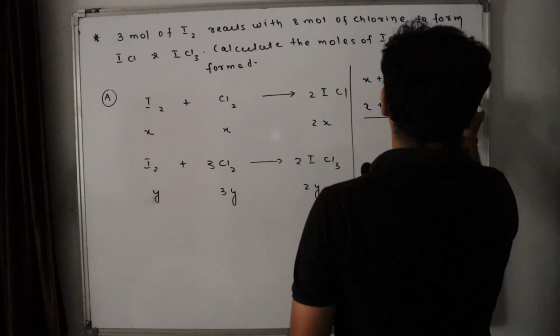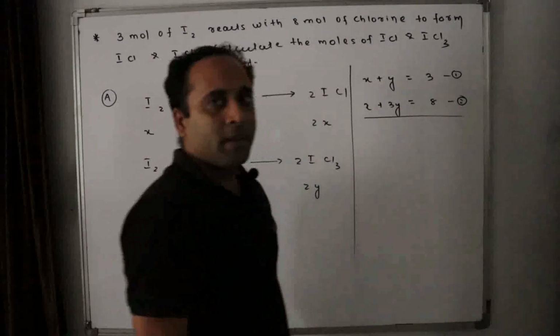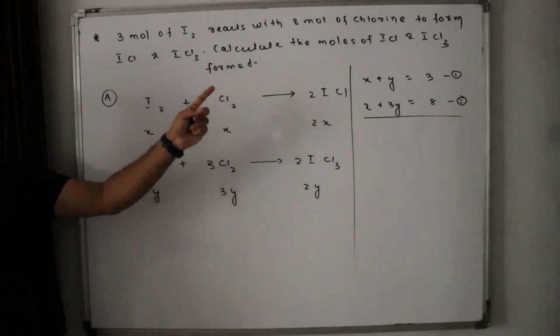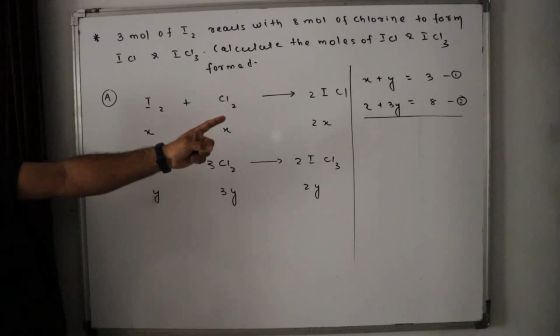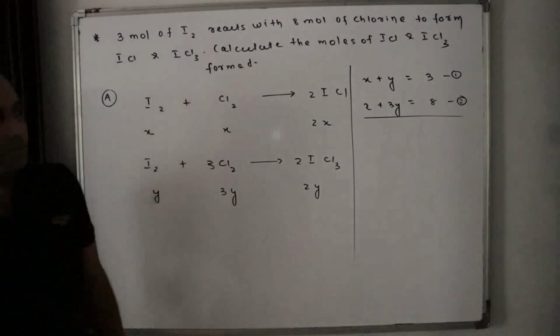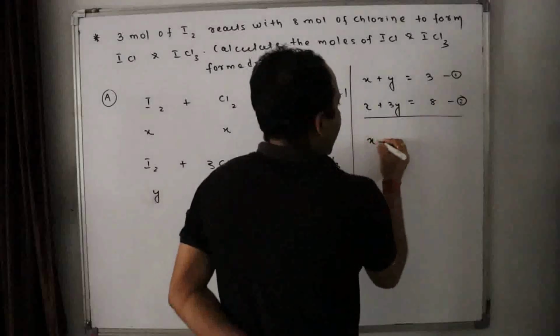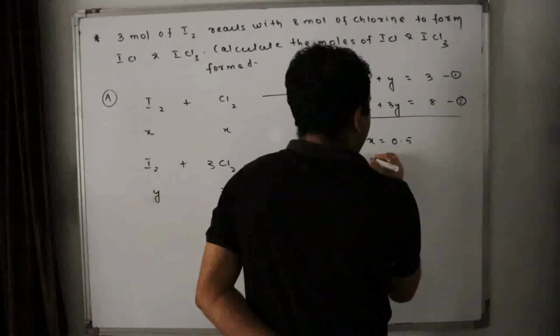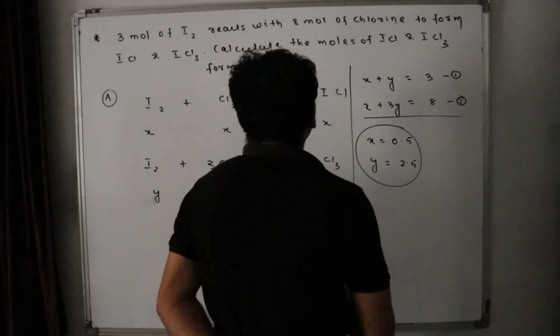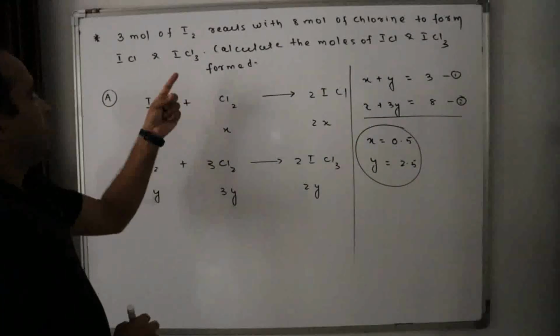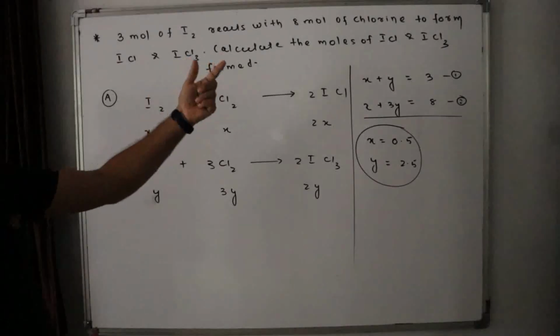Solve equation 1 and equation 2. Take your time. What did you get? If I solve equation 1 and equation 2, I'll get X equal to 0.5 and Y equal to 2.5. If I put these values, can I calculate the moles of ICl and ICl3?